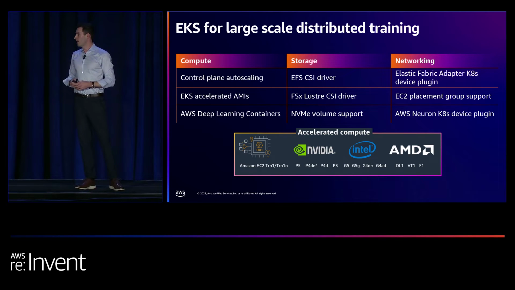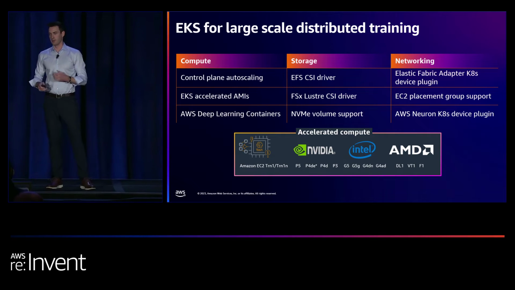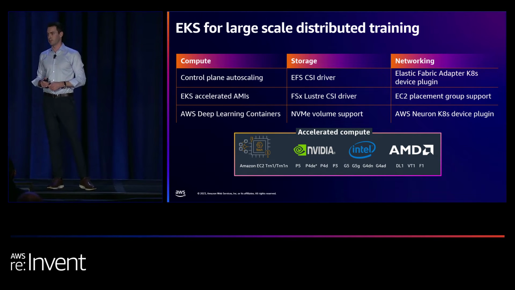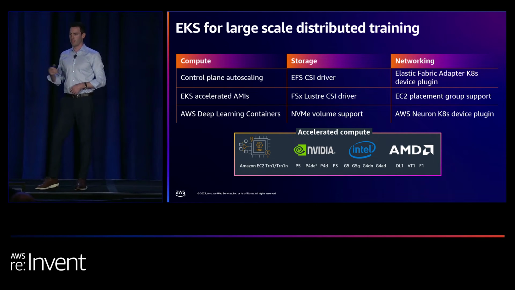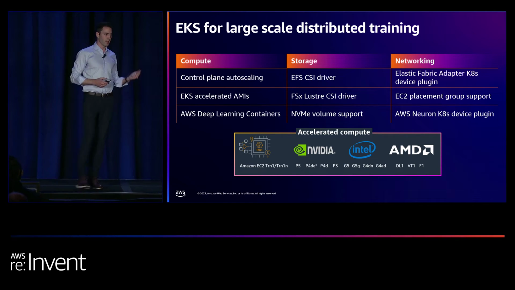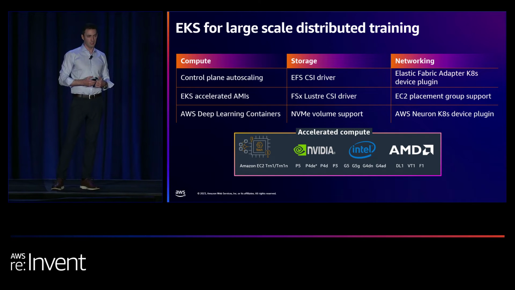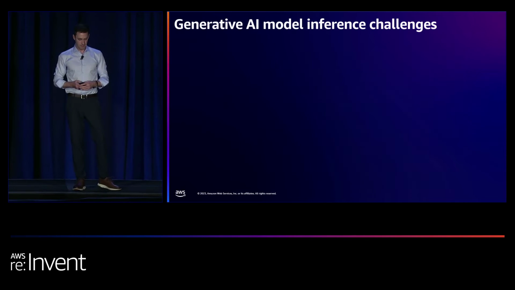And on the networking side, we build plugins that integrate with EC2 networking components that you can use for training. The one to highlight here is Elastic Fabric Adapter, which is a specialized EC2 network interface designed for high bandwidth internode communication. With EFA and EKS, you can get the performance of an on-premises HPC cluster, but with the scalability and flexibility of AWS.